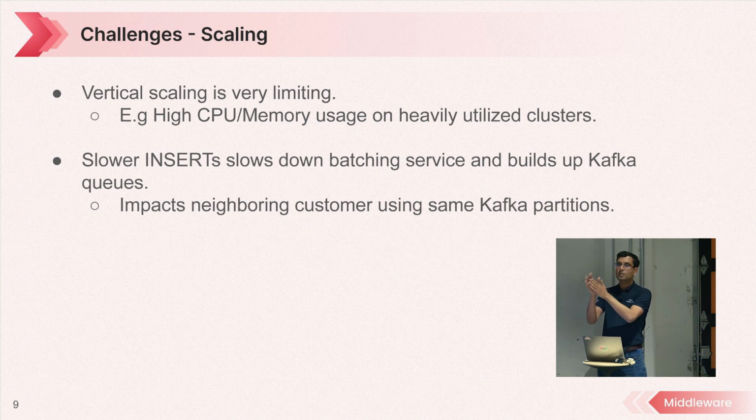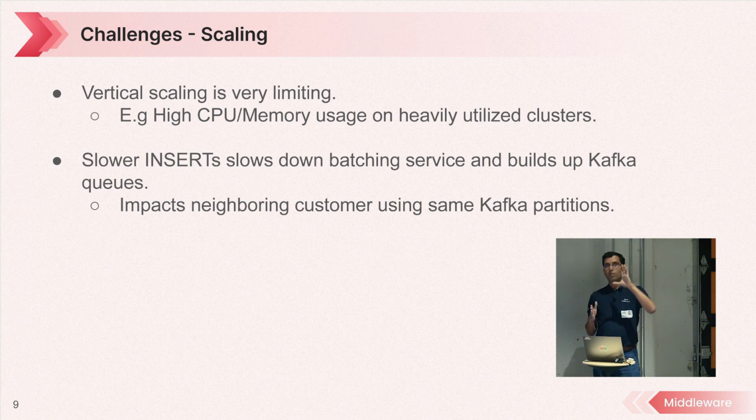That slows down the inserts on that shard, which backs up to the batching service, which slows down the batching service, which starts to build up our Kafka queue. And then that in turn slows down the inserts. Then our agents throttle or start to sample the data because the ingestion rate is very slow.